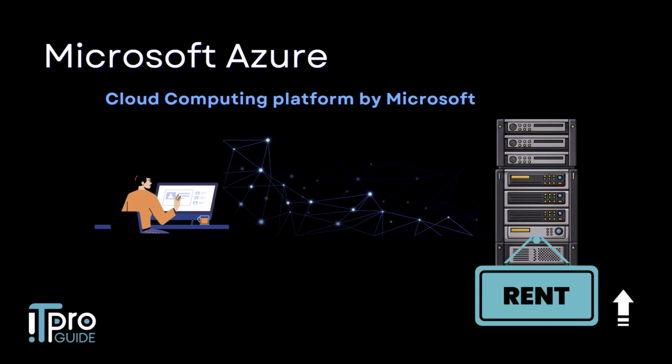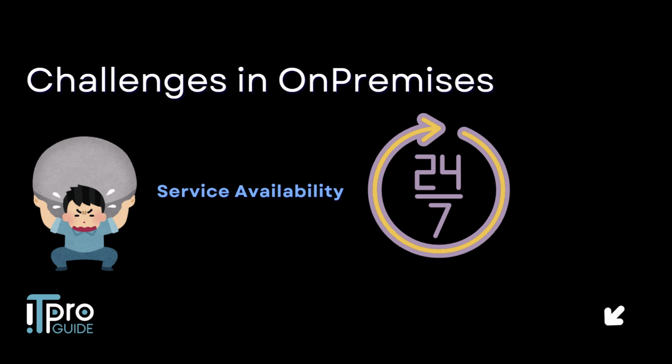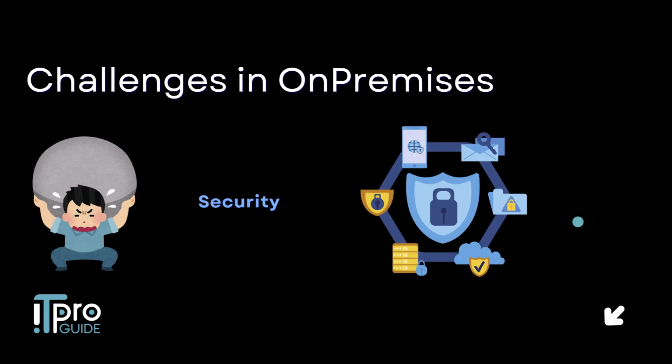So you can think of Azure as Microsoft running a massive data center, and you simply consume what you need as an IT administrator. What comes to your mind when you think about challenges in the on-premises setup? One of the biggest challenges is uptime, the service availability. When you think about uptime, you also need to think about high availability, disaster recovery solutions, etc. The other one is security.